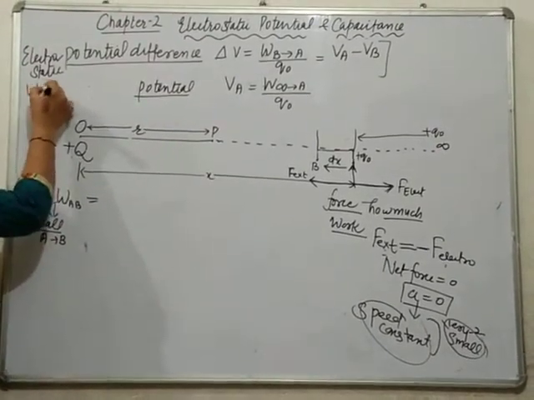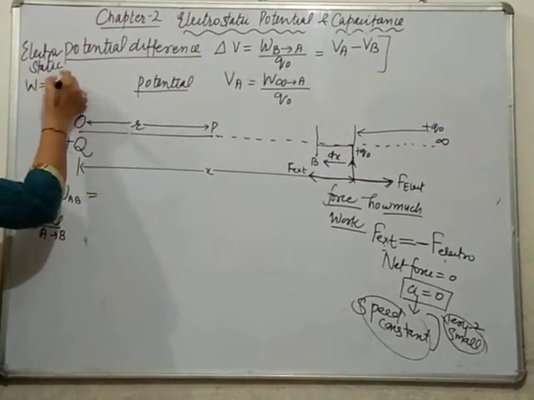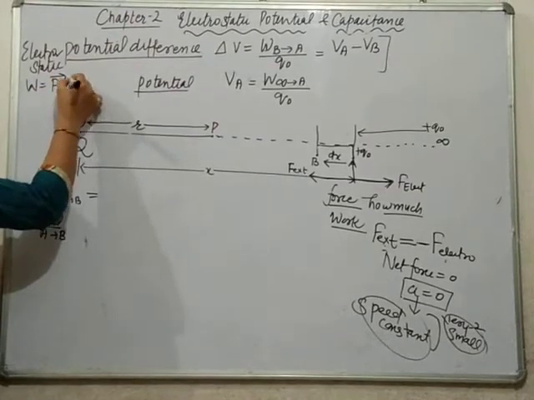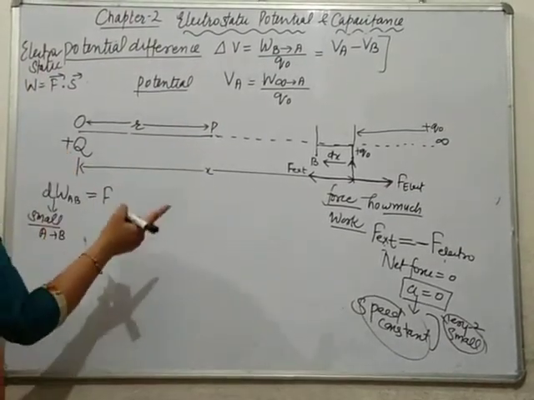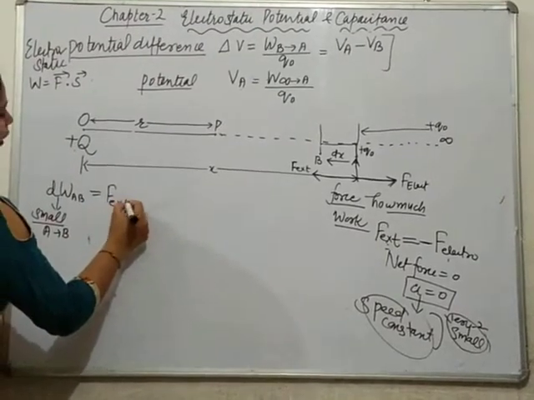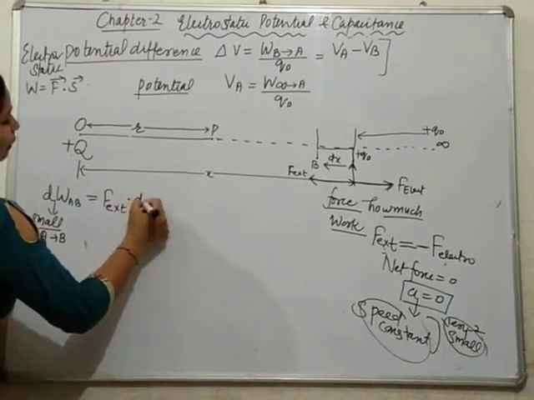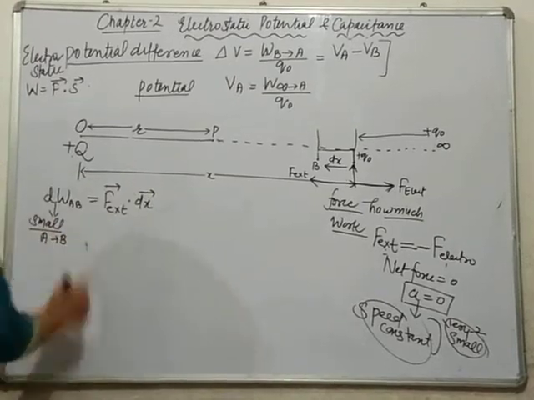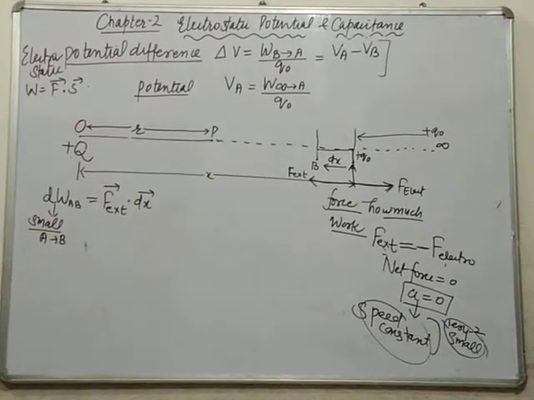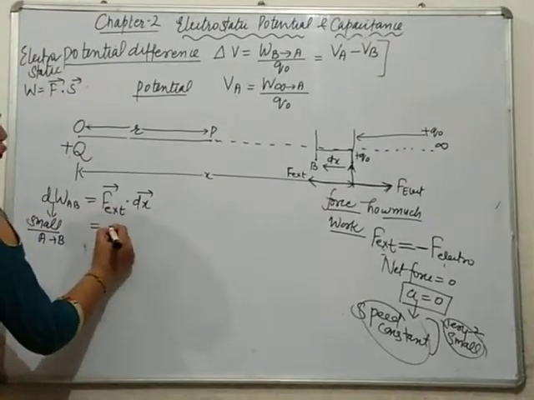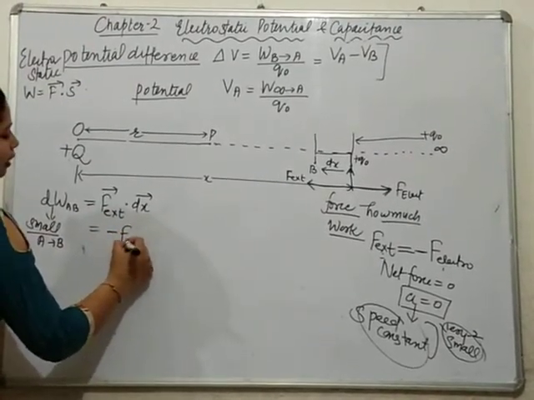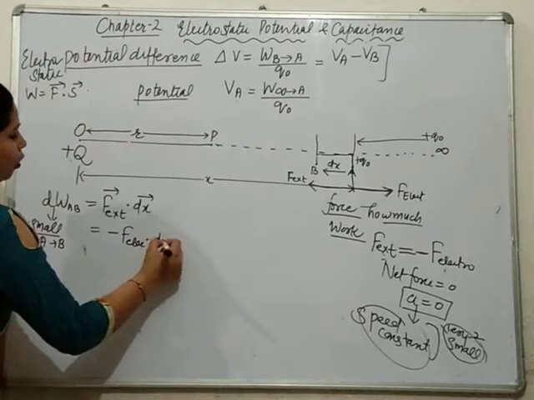You have learned in class 11 that it is the dot product of force and displacement. The force here is the external force, dot displacement dx. As the external force is equal and opposite to the electrostatic force, we may write minus F electrostatic dot dx.